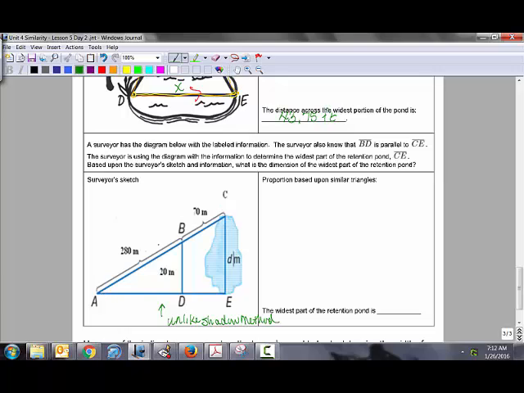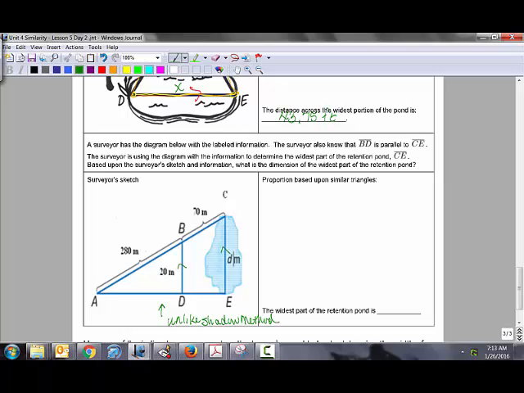But we've got measures for these collinear points that are on what we call the diagonal or the slant. So that's the difference between this and the shadow problems, that we have the information in a different location. But the drawing is very similar. So again, we just have to understand what is proportional here.